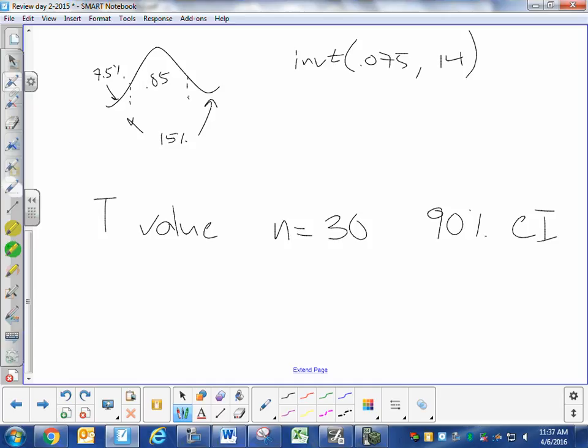It's the area below in your tail. If 90% is on the inside, how much is in each tail?